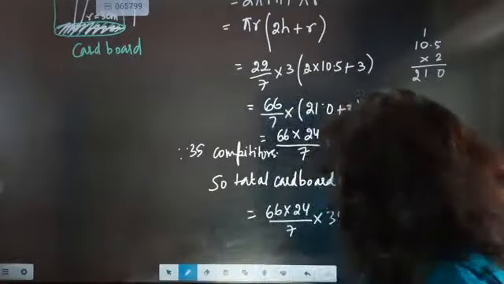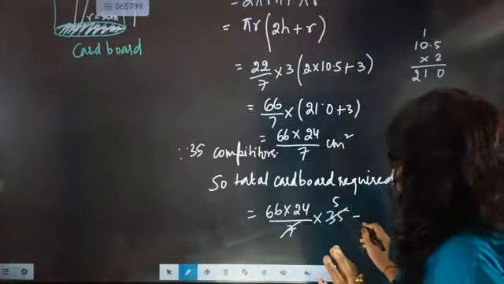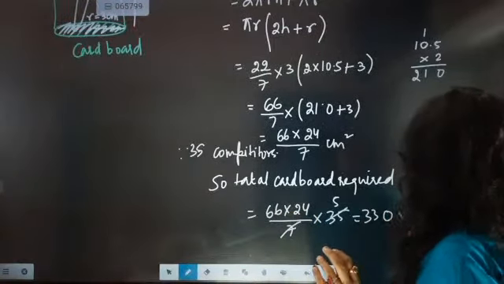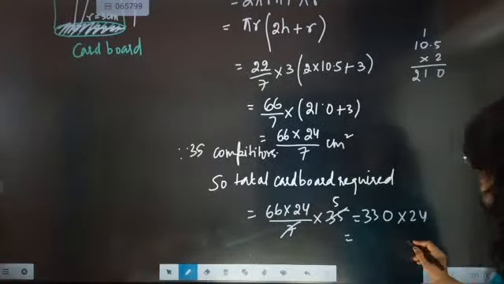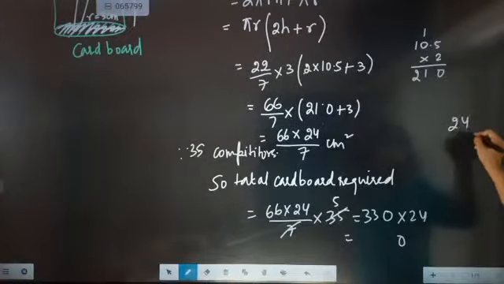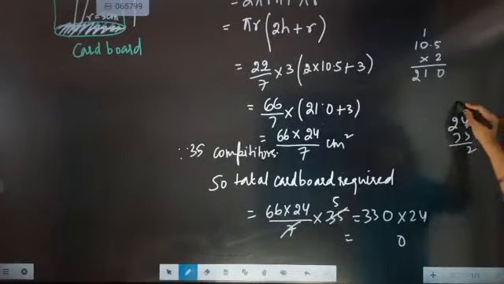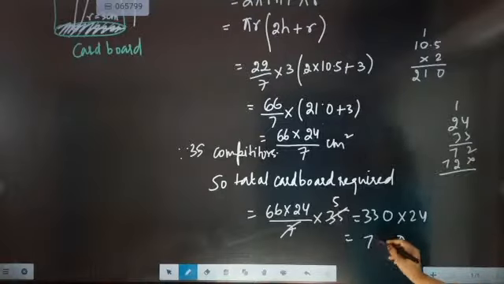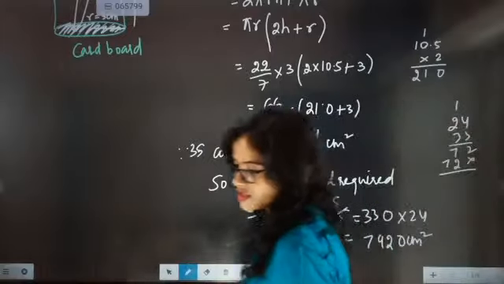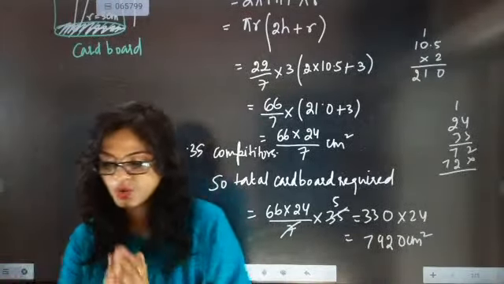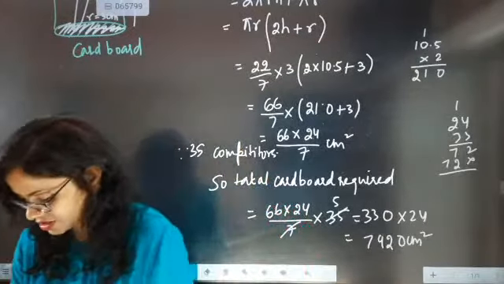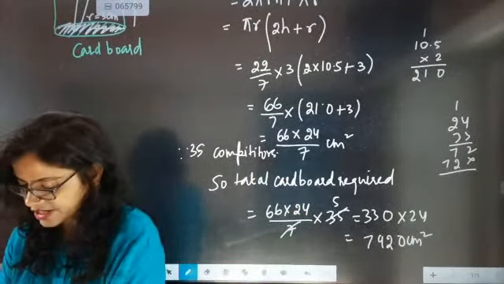So now this 5 will come. 5 6s are 30, so 33 into 24 is coming. 3 4s are 12, 3 2s are 6, 1 7. So 7920 square centimeter. Absolutely correct. So the total amount of cardboard required is 7920 square centimeter. Shall we go for the next question, please?